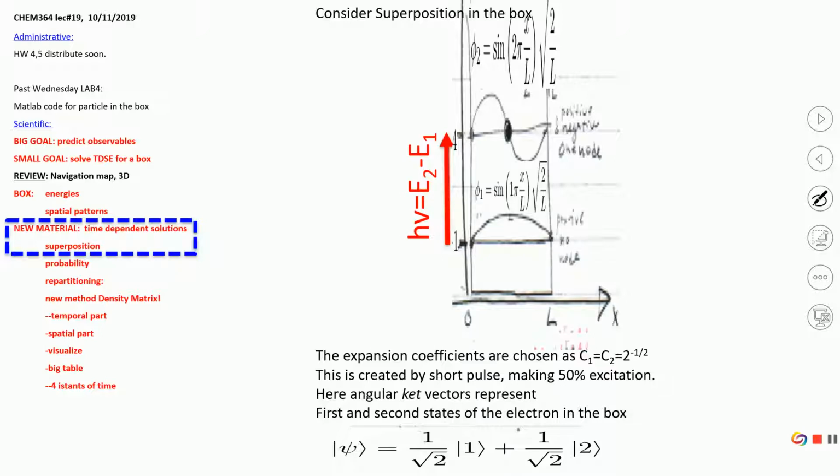Therefore, we need to match the coefficients. Suppose that we want to mix them in equal proportions, 50-50. Since the wave function is always taken as absolute value squared, we need to put the square root of 1/2 in front of each.